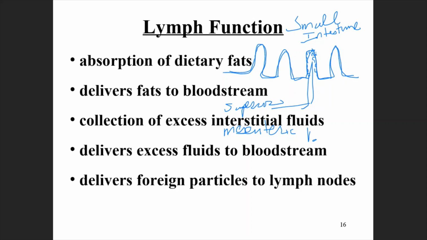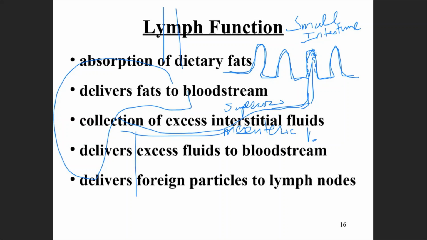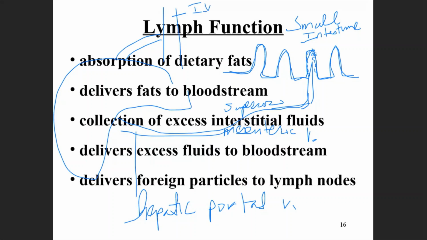So let me do this. Let's say here's the liver, and here's your inferior vena cava. Most of these right here, the superior mesenteric vein, will bring blood into the hepatic portal vein, which brings blood into the liver, and the liver processes that, and it brings the blood to the inferior vena cava via the hepatic vein.